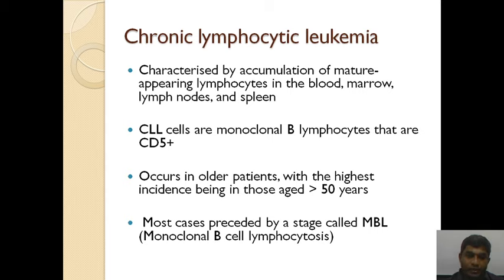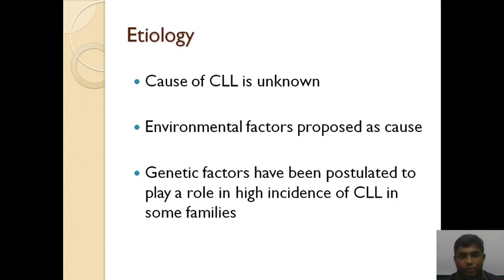Most of these cases are preceded by a precursor lesion called monoclonal B cell lymphocytosis, in which similar abnormal B lymphocytes are present, but the numbers are much less compared to chronic lymphocytic leukemia. The exact cause is unknown. Many different theories have been proposed, including both genetic factors, which are host or patient intrinsic factors, as well as extrinsic or environmental factors.